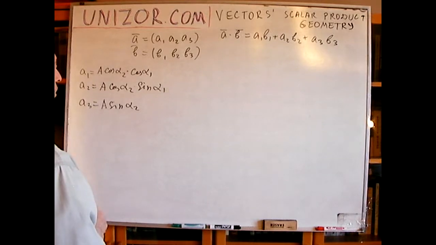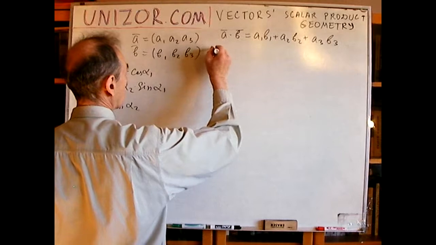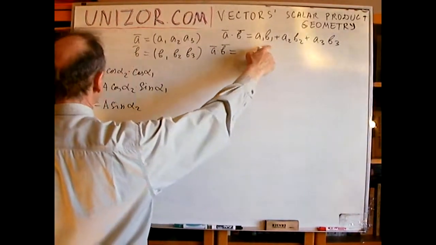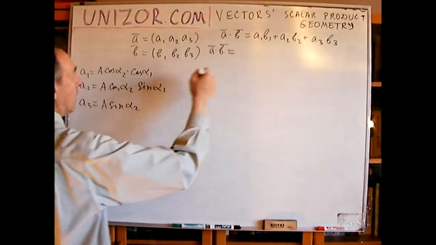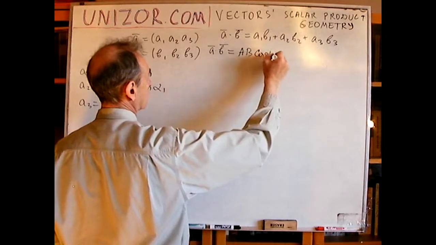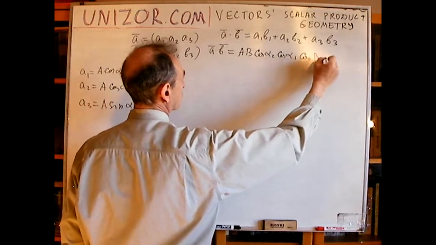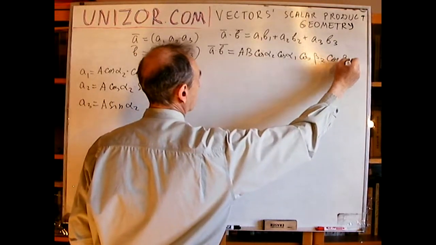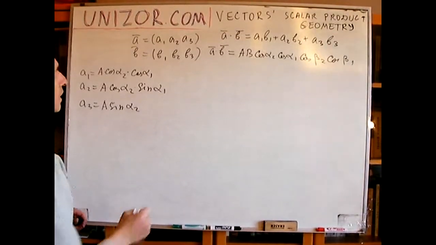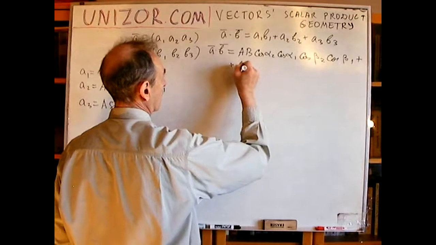Okay, so my scalar product would look like A1 times B1, which is AB cosine alpha 2, cosine alpha 1, cosine beta 2, and cosine beta 1, plus AB.